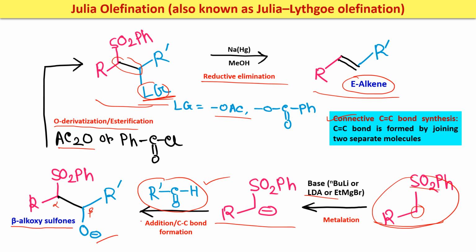And this step is addition. That means the carbanion is attacking this carbonyl group, and there is also a C-C bond formation. So that is why addition reaction or C-C bond formation. And the initial reaction is metallation, because here this H is replaced by some metal, depending on which base you have used. So suppose if it is lithium, it will be carbanion minus and Li plus. So that is why it is metallation. So these are the steps. First metallation, then addition reaction, then esterification, and finally reductive elimination.